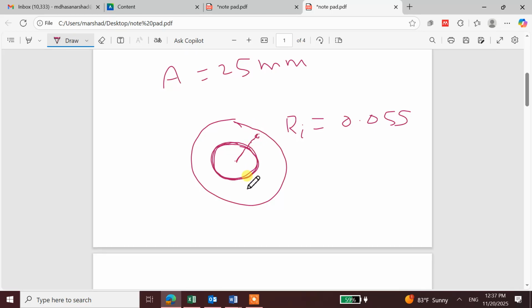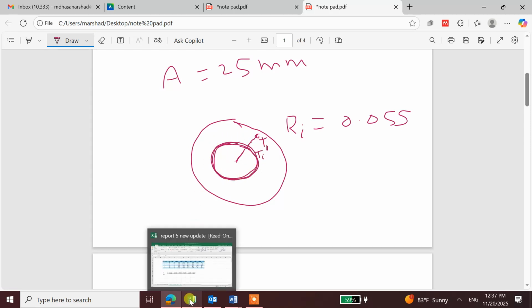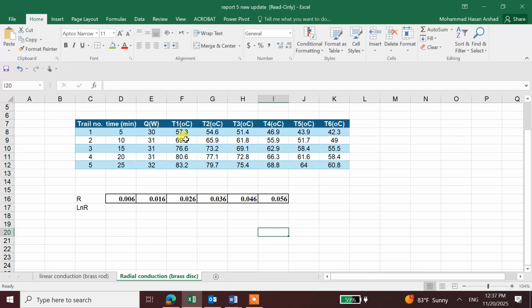So the first one is the Ti, the outer one is the To. Since we are heating at inner cylinder, so you can see the data. The first temperature is high, then there is drop in temperature. Again, due to thermal resistance.